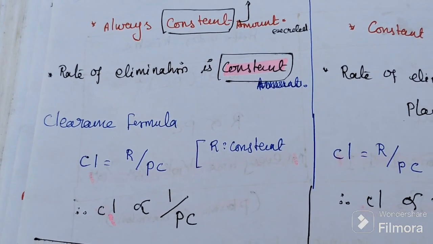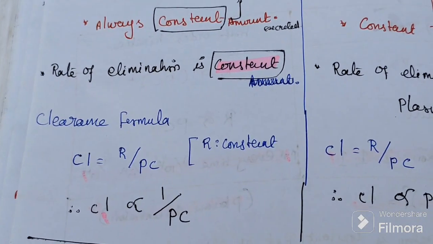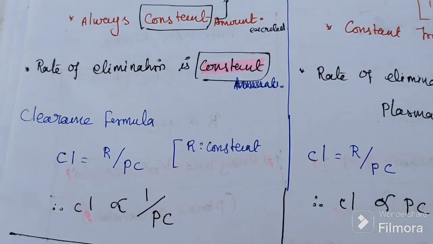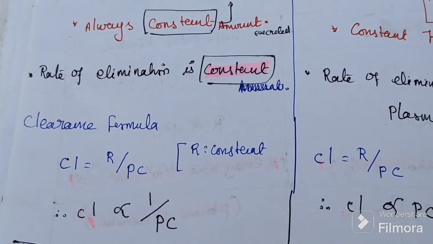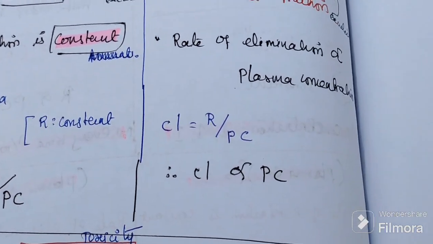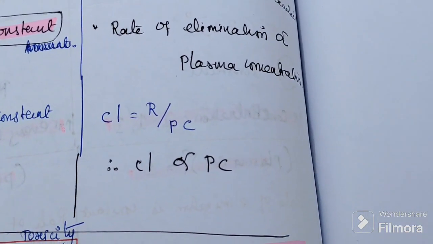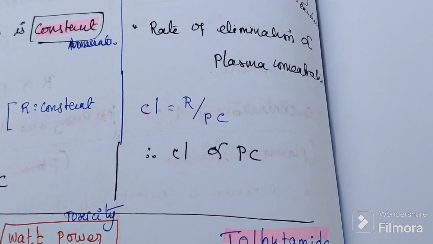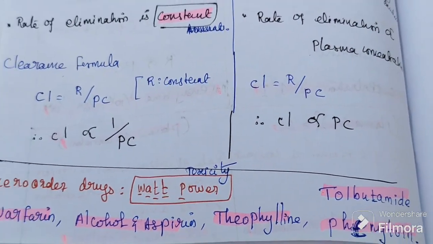So clearance is directly proportional to plasma concentration. Okay, so here zero order clearance is inversely proportional to plasma concentration. In first order, it is directly proportional to plasma concentration. So clearance is the constant one.